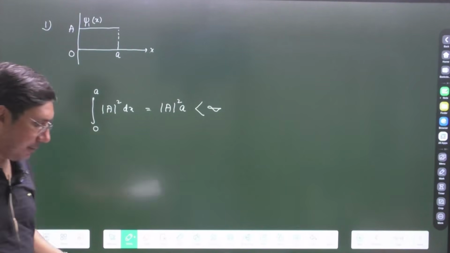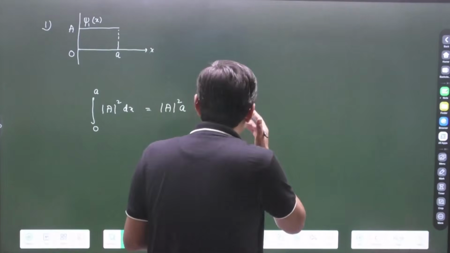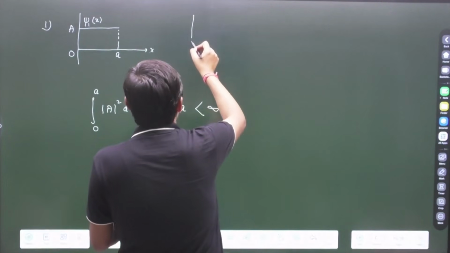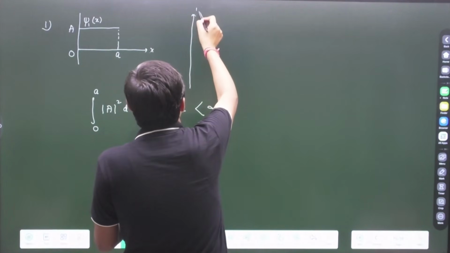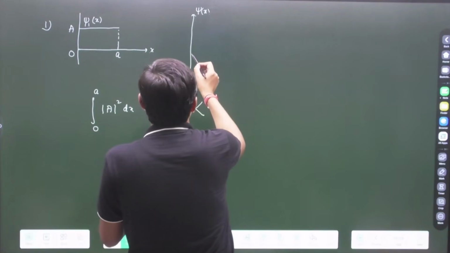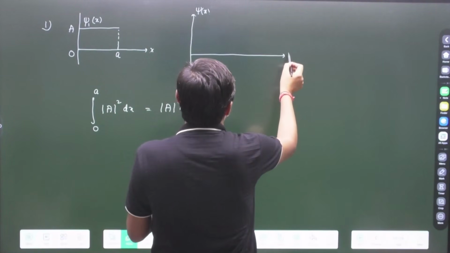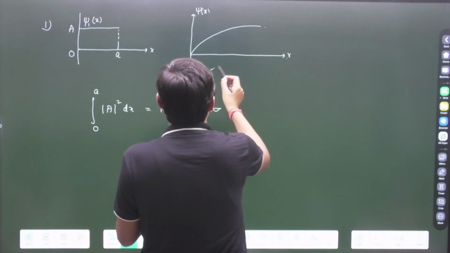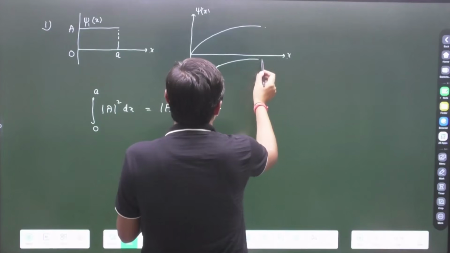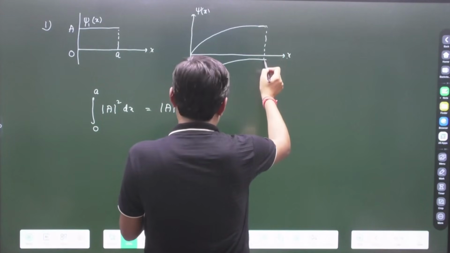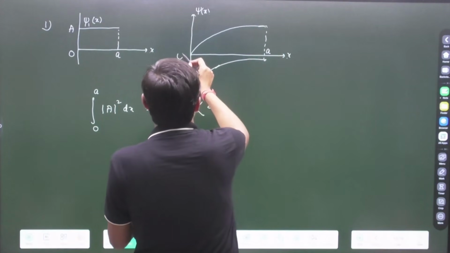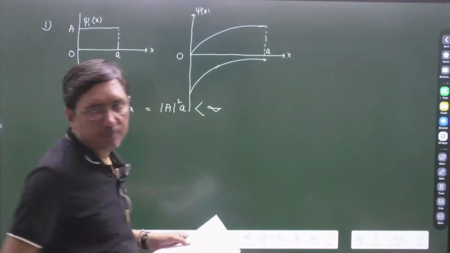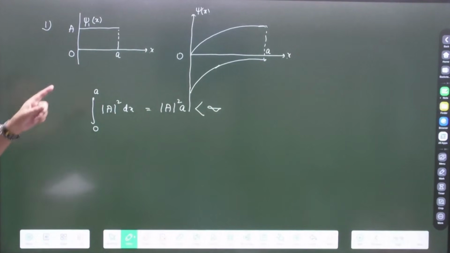Second was this one. This is unacceptable. This is not acceptable. It is double valued.